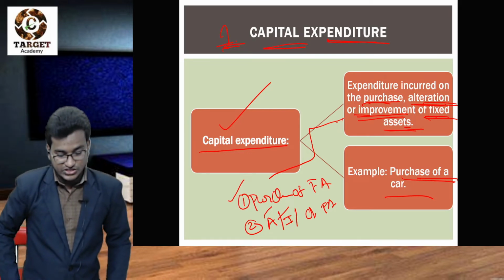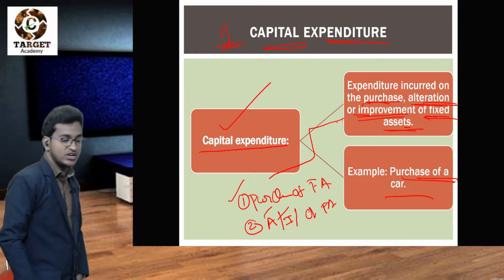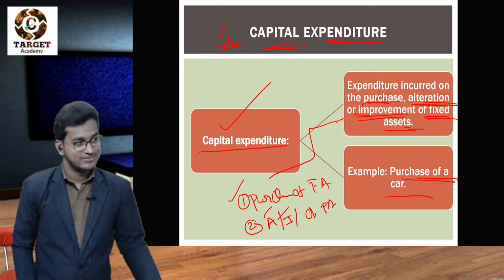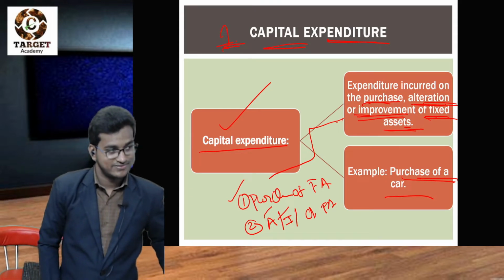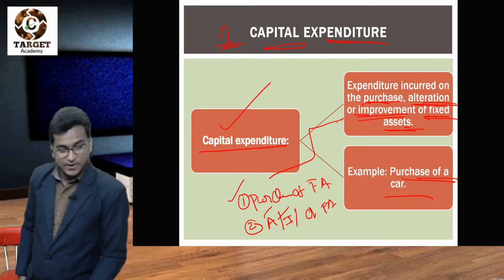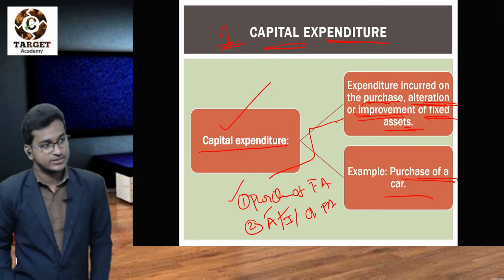Capital expenditure: expenditure incurred on purchase, alteration or improvement of fixed asset. Examples: purchase of car, land, buildings. All these are examples for capital expenditures.